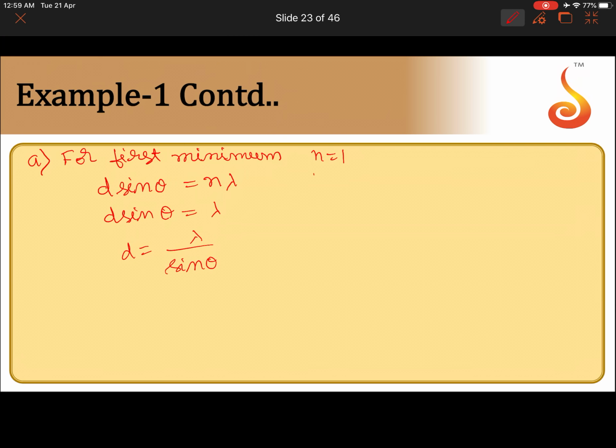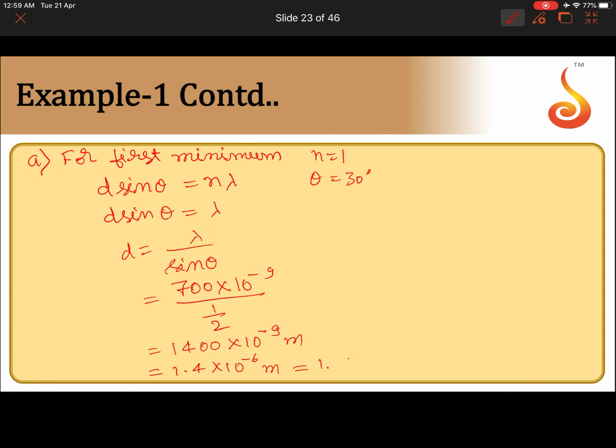So theta is given, it is 30 degree. Substitute that. Lambda is given, 700 nanometer. So it is 700 into 10 to the power minus 9 divided by sin 30. Sin 30 is half. So that will become 1400 into 10 to the power minus 9 meter, or 1.4 into 10 power minus 6 meter.